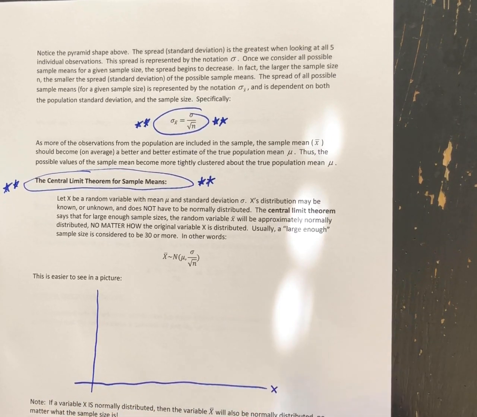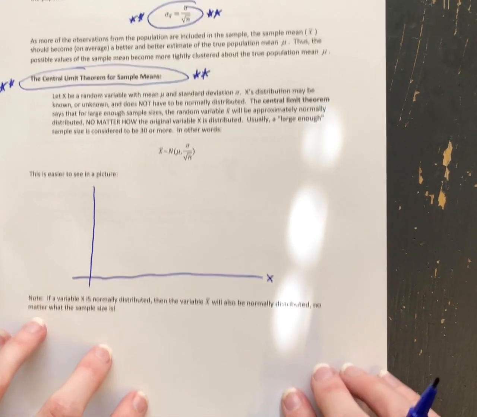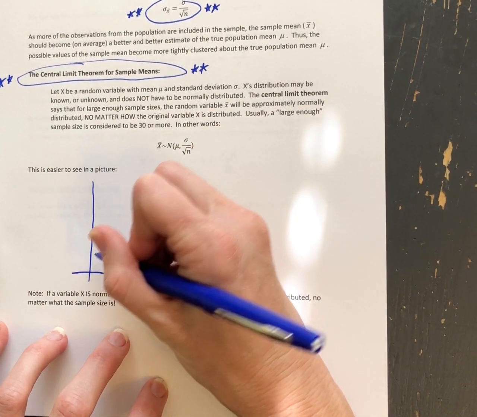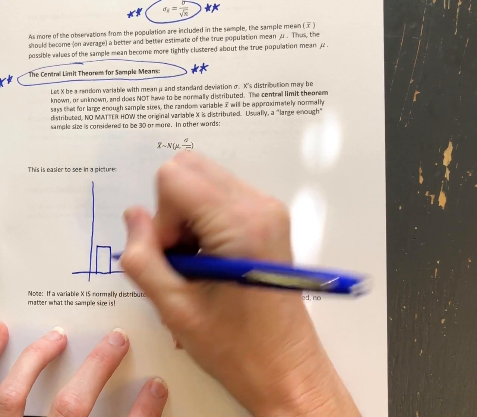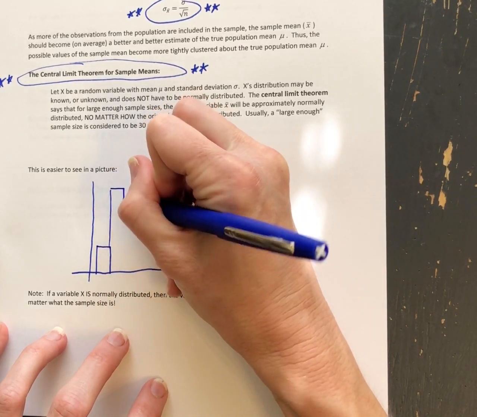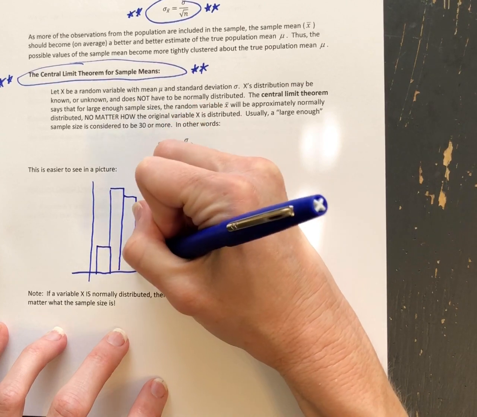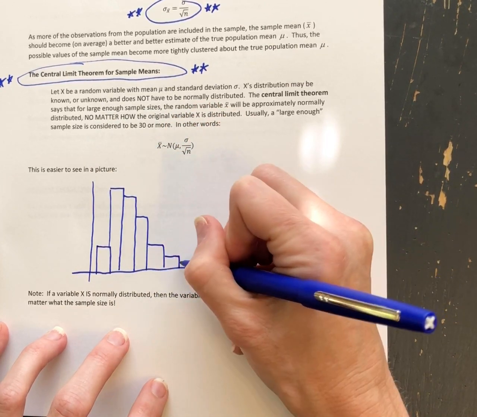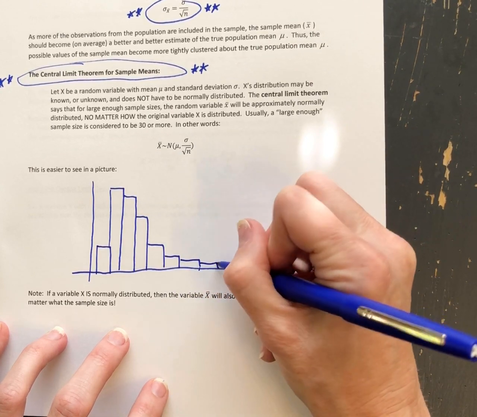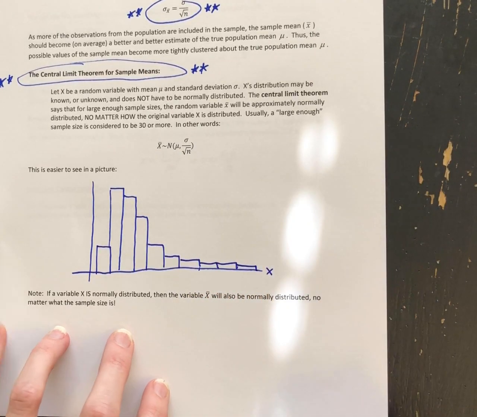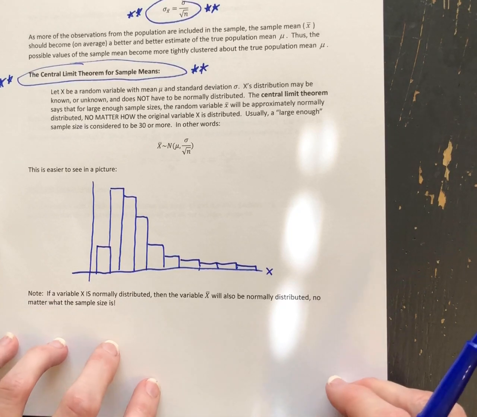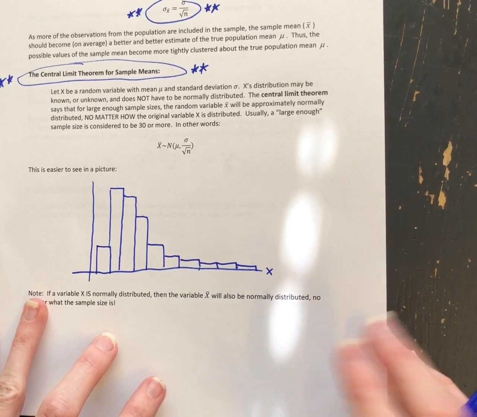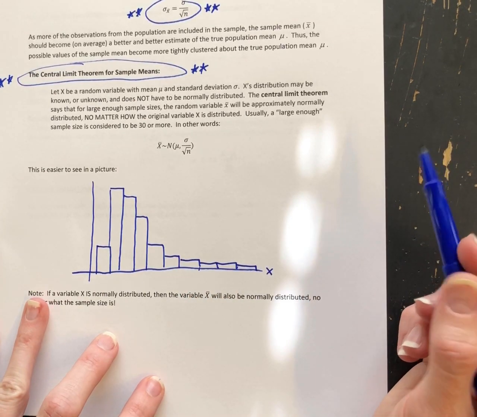I'm going to start us off with a variable x that is not normally distributed. I'm going to draw a histogram, maybe one that's right skewed. So we have a variable x there, and you can tell that x is not normally distributed.